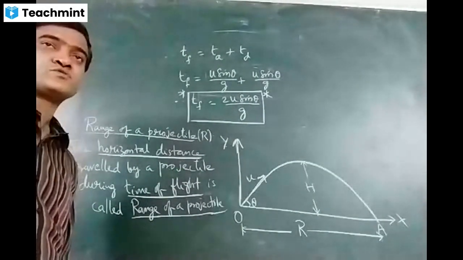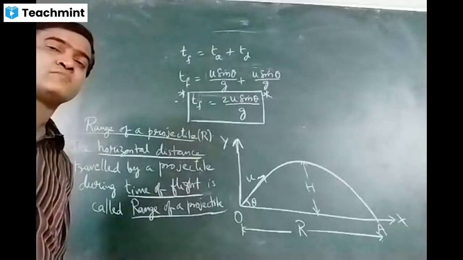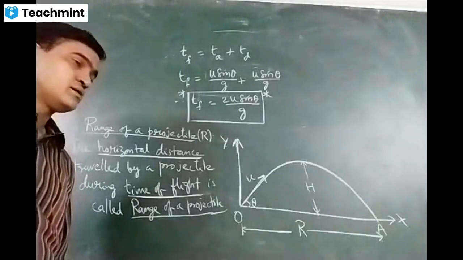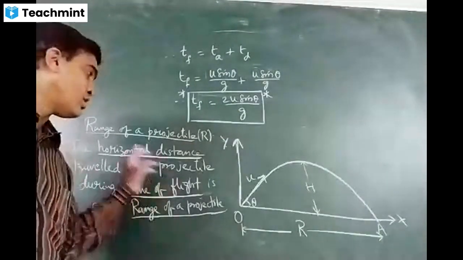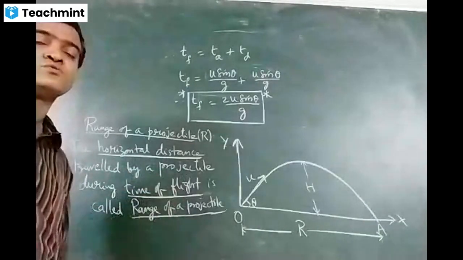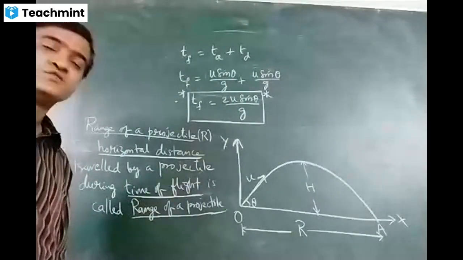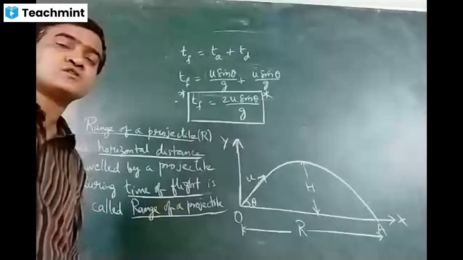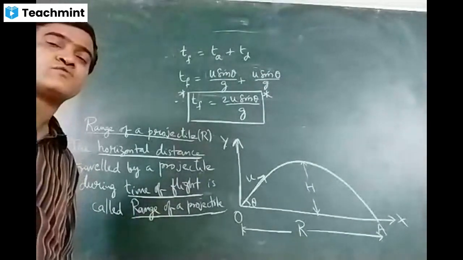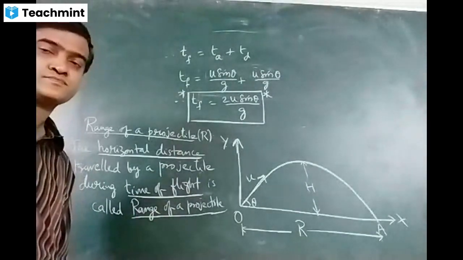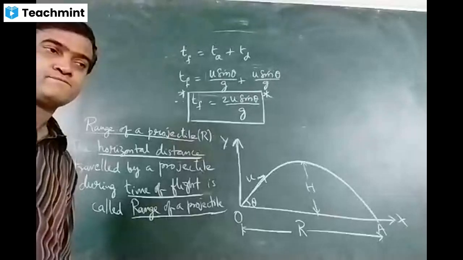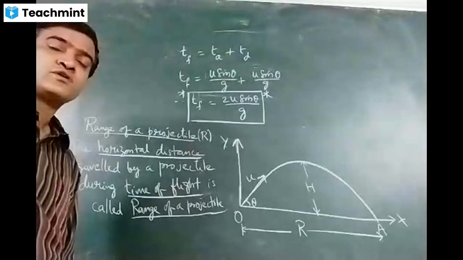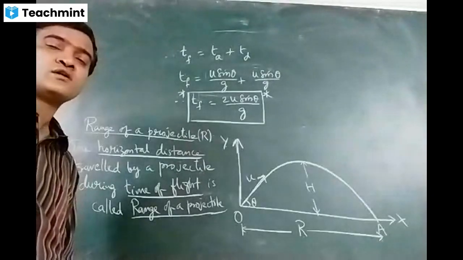Whenever you have distance and time, can you find out the horizontal distance? Of course, you don't know the value of horizontal distance. This you have to find out. When you know the horizontal velocity, you can find out the horizontal distance.